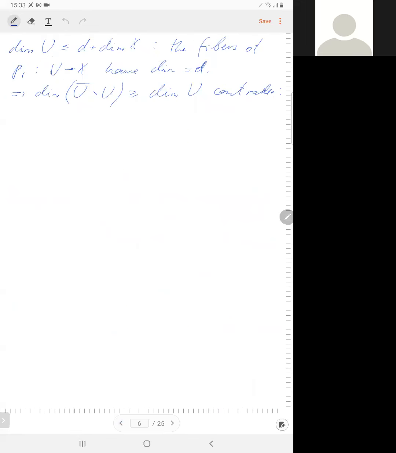Okay. So now we can go to the next step 3, and we already know that all the orbits have the same dimension, and they are closed.